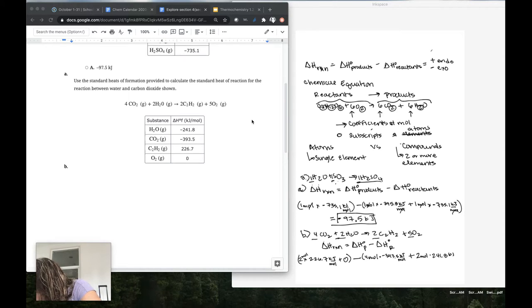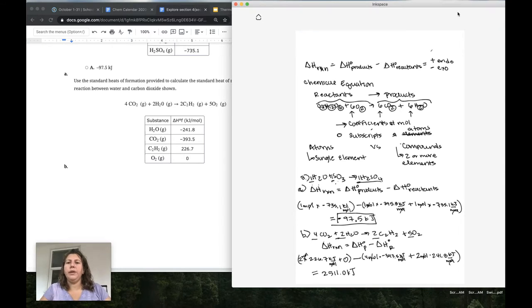And that's kilojoules per mole. And so moles, again, are all going to cancel out. Anytime I see a mole, it's going to cancel out. When I plug that into my calculator, my final answer is going to be 2,511.0 kilojoules. Okay. All right. So those are my first couple problems.